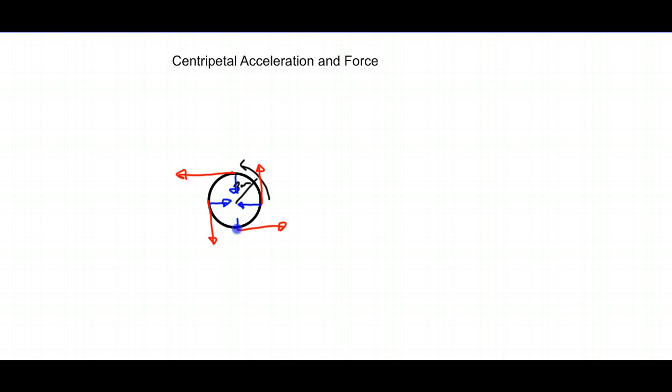And so as we see our acceleration pulling in toward the center and our velocity tangent to the curve, we know that our acceleration only changes the direction of our velocity. As we saw last time, the acceleration is not changing at all the speed that we go around at. So the magnitude of velocity is constant in uniform circular motion.